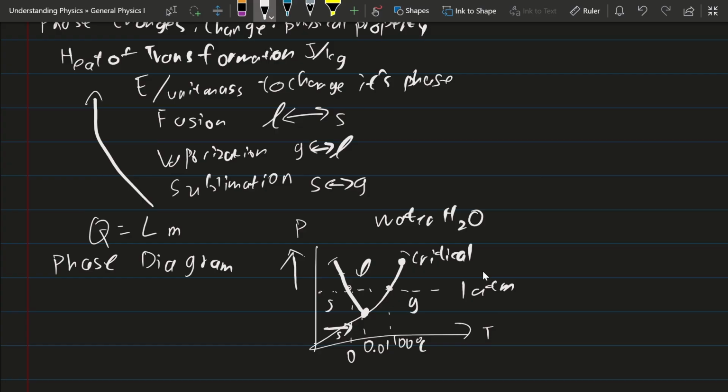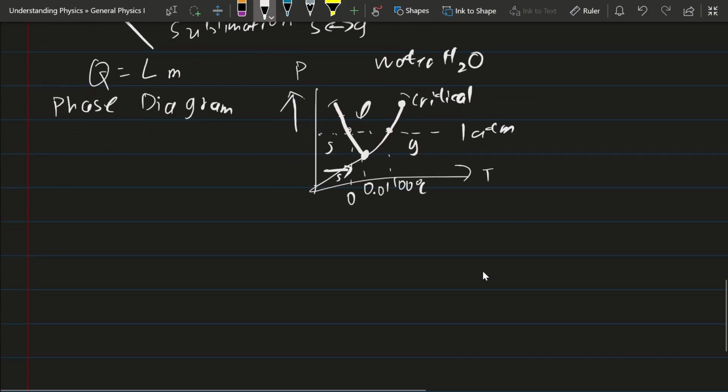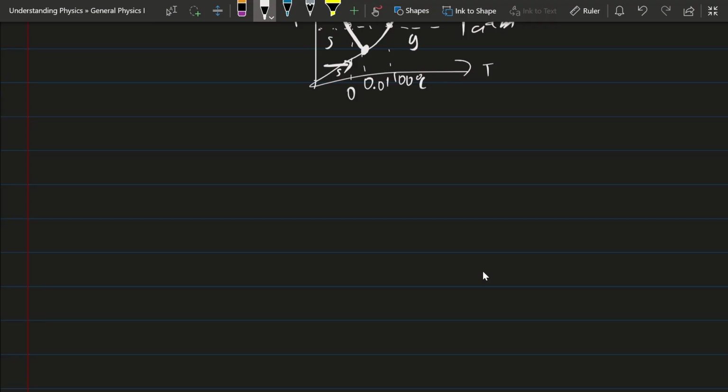So after we have already talked about this phase diagram, I want to talk more about properties of material, which is thermal expansion. So last time, we saw that the ideal gas expands when you apply more temperature to it, even though there are certain kinds of boundaries that a gas could have.